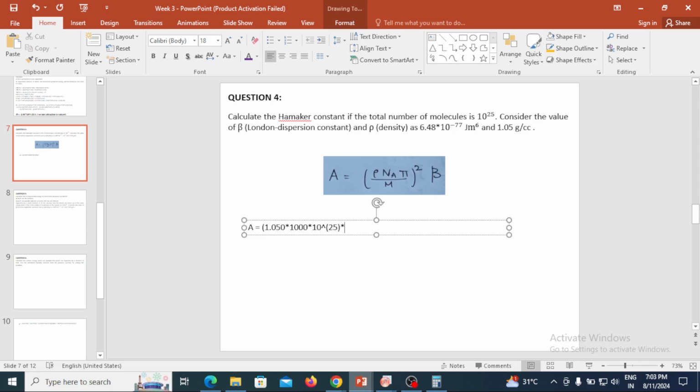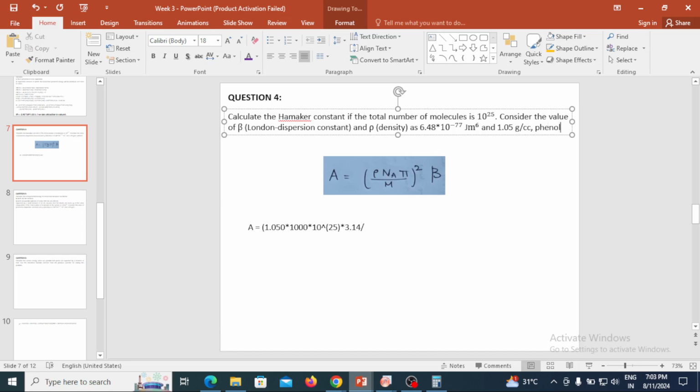You have Na, you have pi, so that is 3.14 divided by m. So here it is actually for aniline. Please take the molecule as aniline. Oh wait, no, this is for phenol.